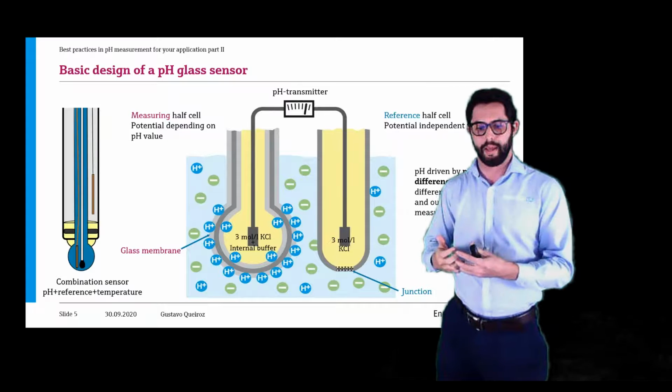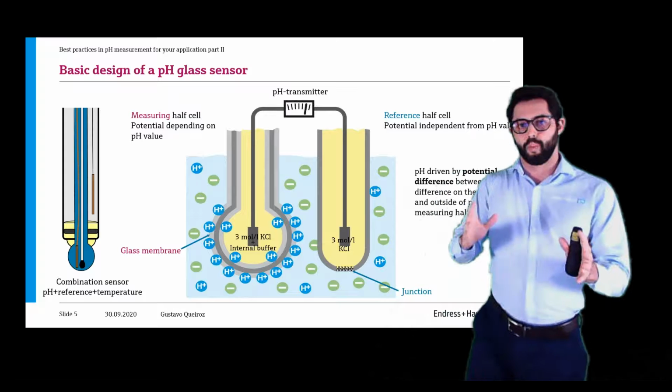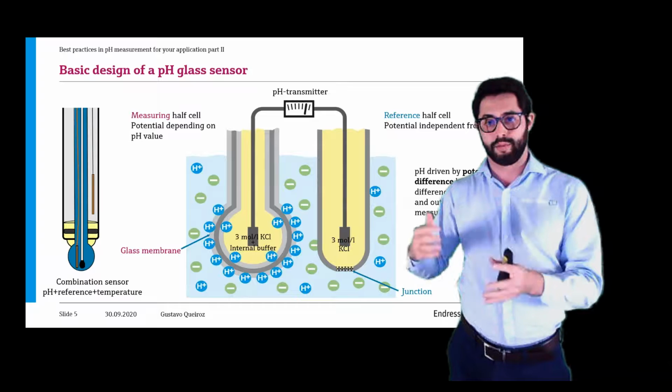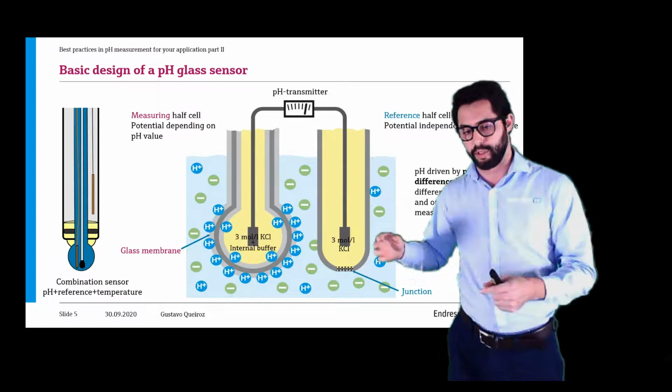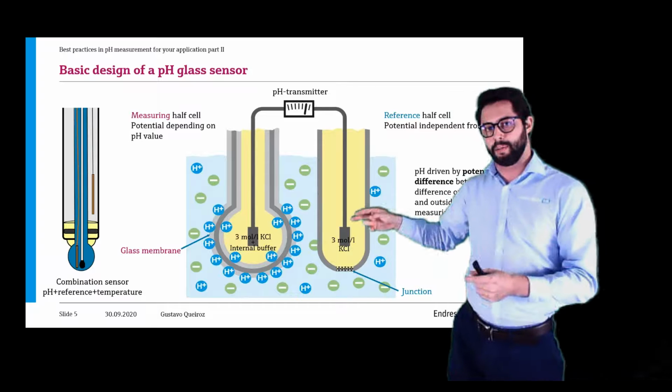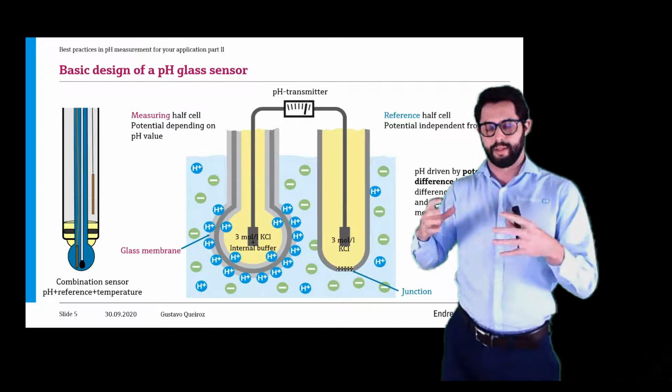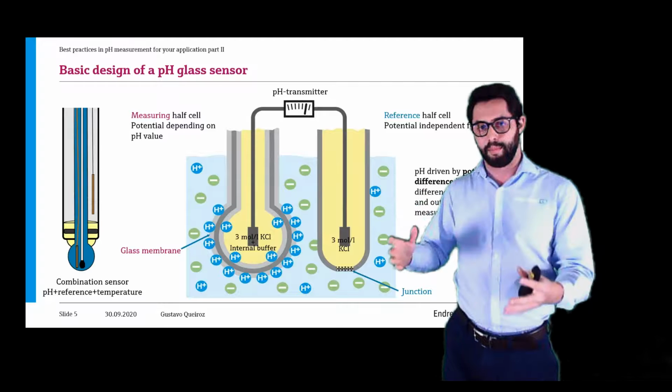And here we can see, for example, why you have to replace your pH electrode periodically, and why you have to do the maintenance and calibration. Inside the reference system, we have a very high salt concentration to allow us to have a stable and accurate measurement.